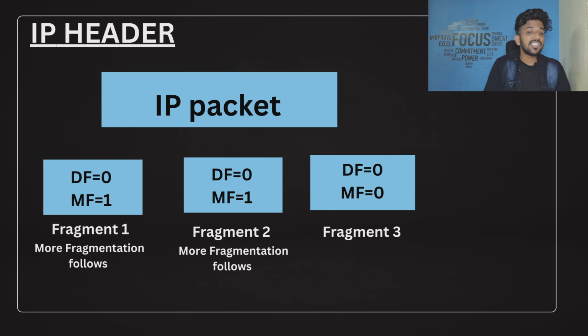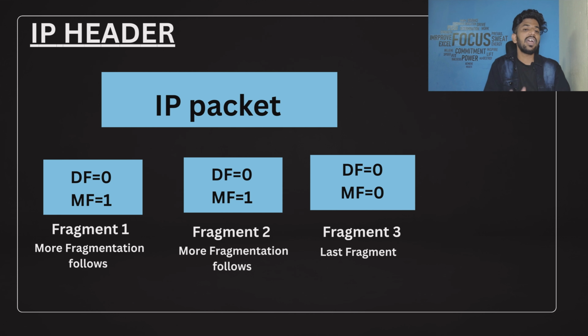So this is the last fragment. This shows how the DF and MF bits help the network and receiver handle fragmented packets correctly. So this is all about the important fields in the IP.